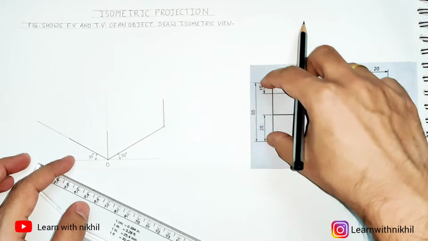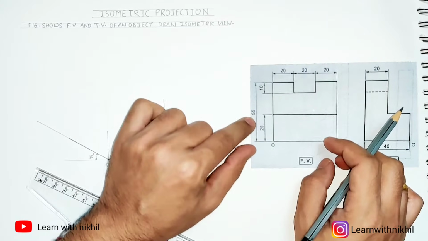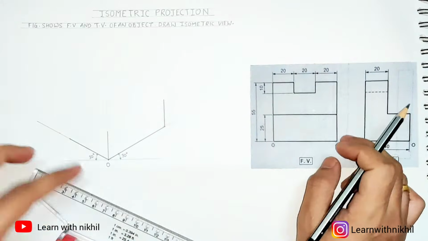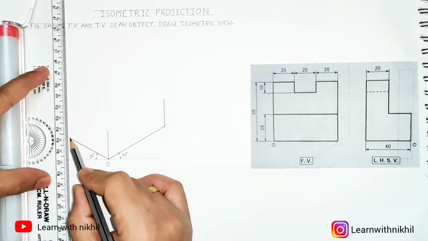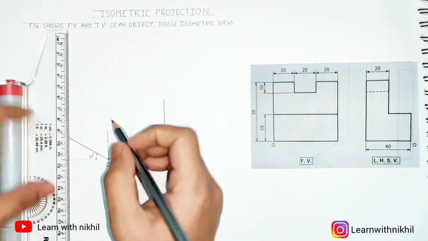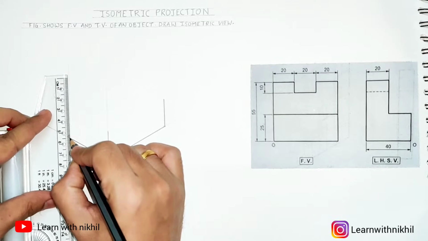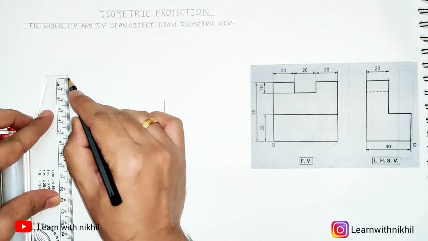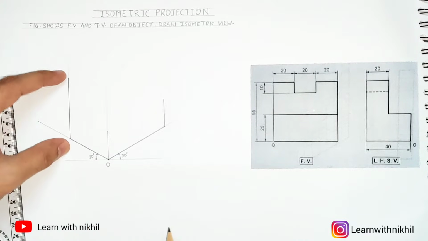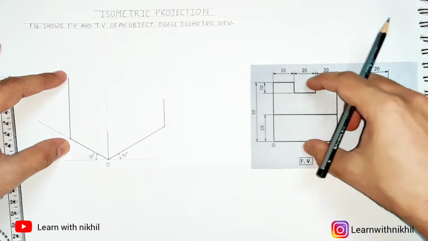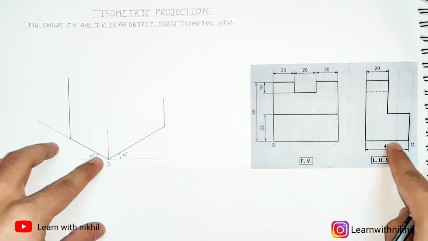This total height is 55. As you can see, projection from the front view to the side view, this height is 55. So parallel to this line, we will draw a straight line of height 55 millimeter. So this is the height and its projection of the front view. This is 40.